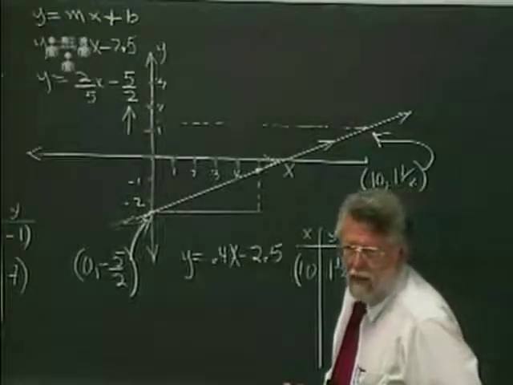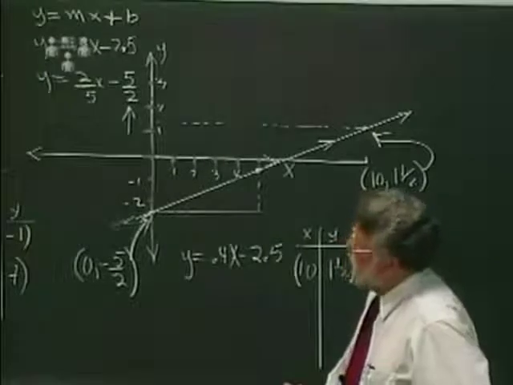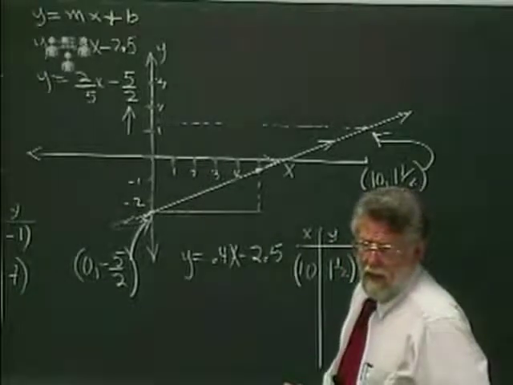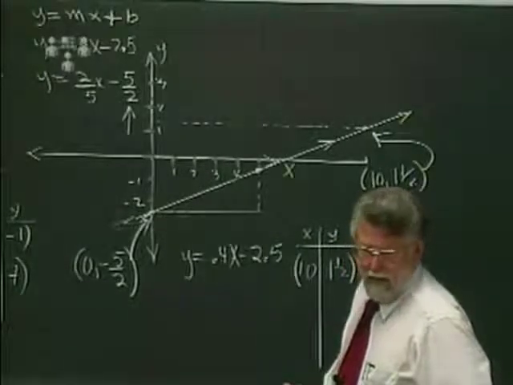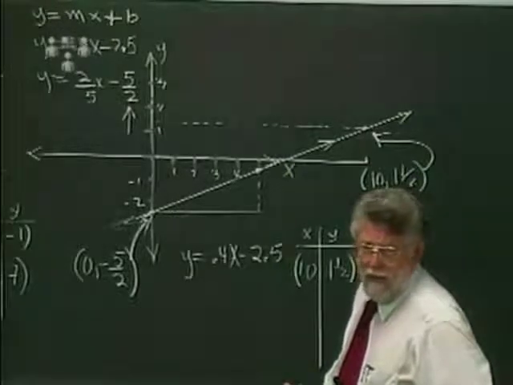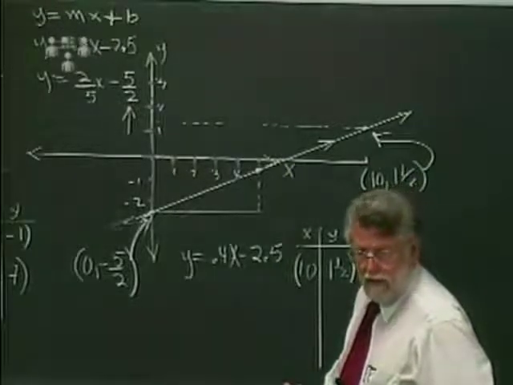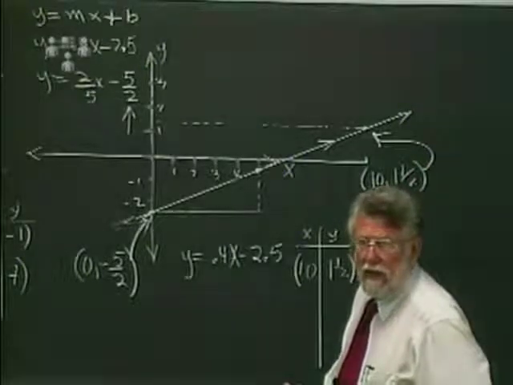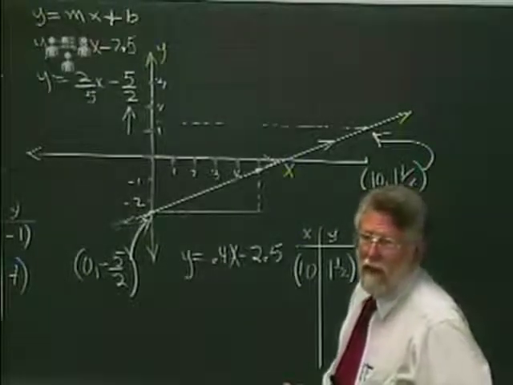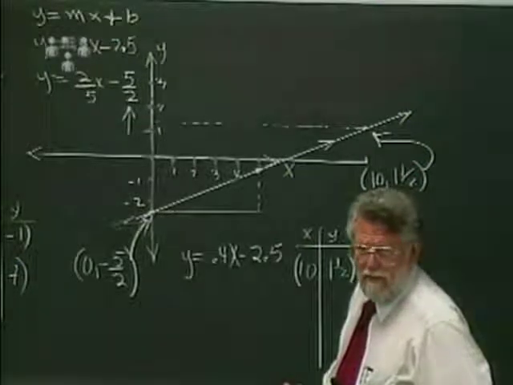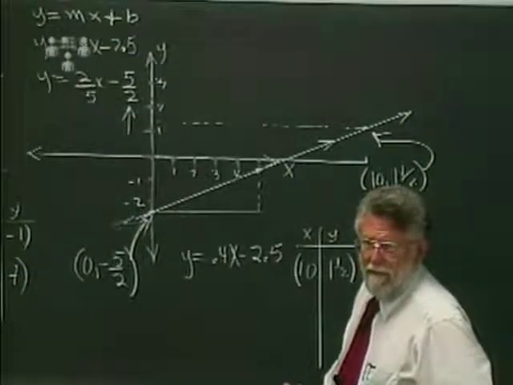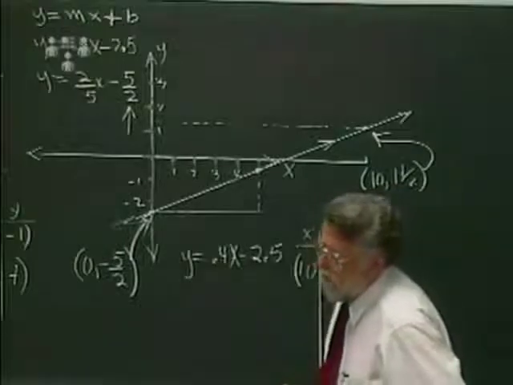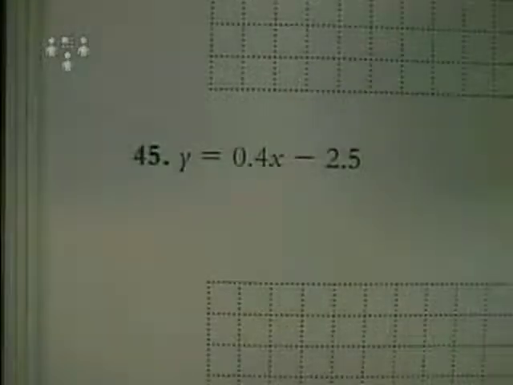Now there are times, I agree, that in algebra you're going to get equations like this. But when we graph them, we try to write the slope as a ratio of integers so that you can go a run and a rise. Rise over run. Okay? Let's go back to the document camera. Now that's what made 45 tough.